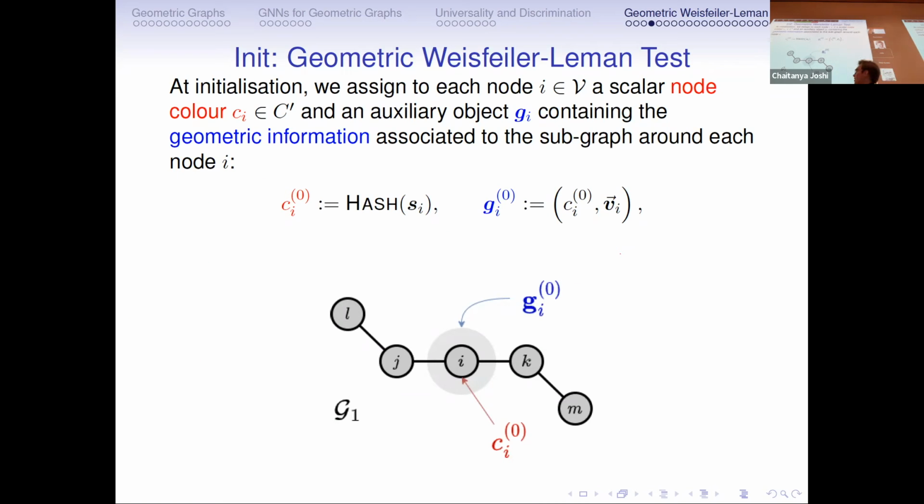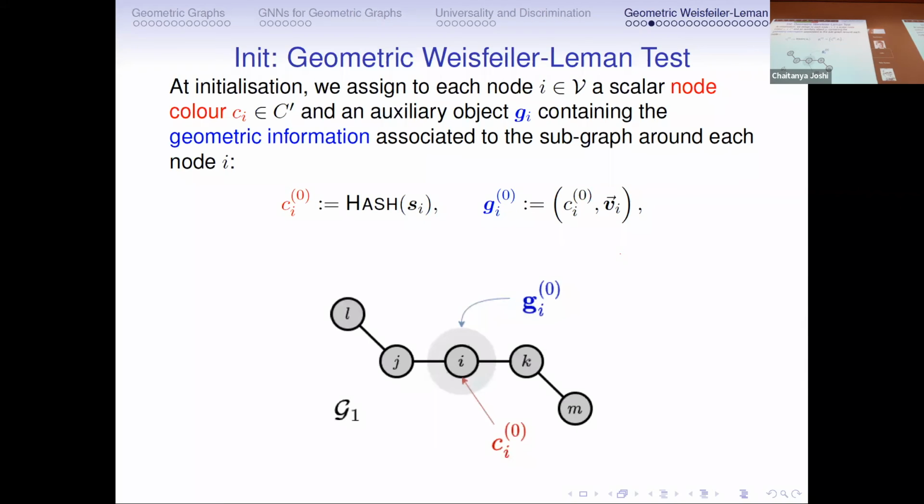So essentially, we color each node by a hash of its scalar values, because we have a list of scalar features. Let's just color it by an injective function. With hash, we just mean an injective function. I know the computational implementation of a hash is not strictly speaking injective, but for the purposes of this implementation, we mean an injective function.